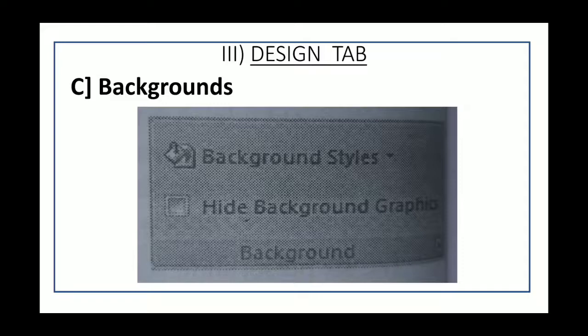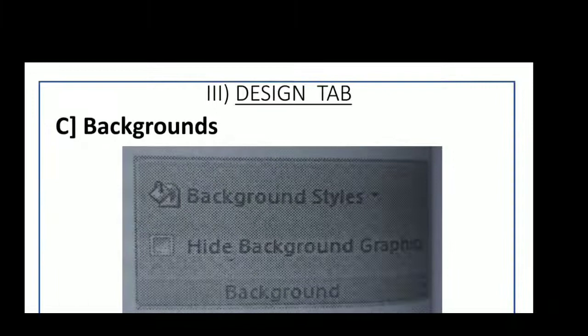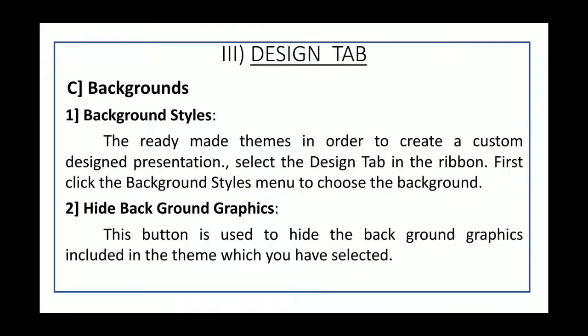Next one is backgrounds. Here in backgrounds there will be 2 options. One is background styles, another is hide background graphics. Here in the picture you can see background styles and hide background graphics. Background styles means ready-made themes in order to create a custom design presentation.